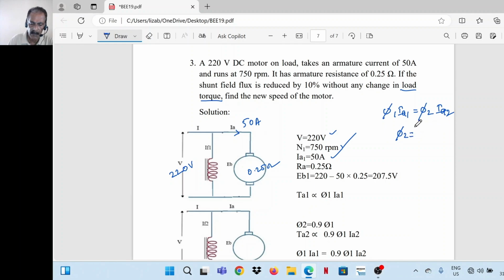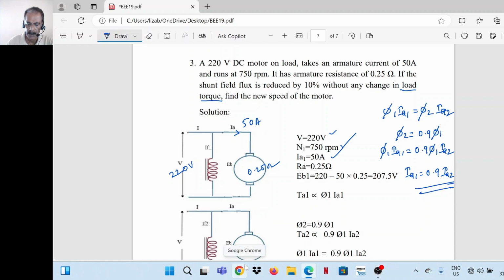So in the second case, phi2 is 90% of phi1 or 0.9 phi1. So this relationship we can write as phi1 Ia1 is equal to 0.9 phi1 Ia2. Phi1 cancels. So Ia1 is equal to 0.9 Ia2. So this is the relation between these two currents.